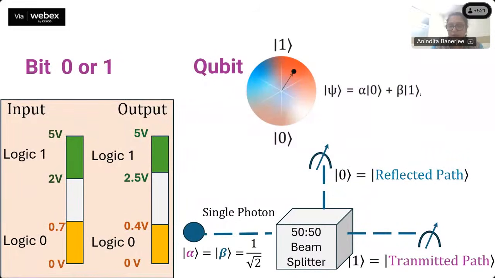Now, this is interesting also because these are the kind of experiments which you can do in your lab to convince yourself about the existence of a photon. You will be tempted to believe that the ball is going sometimes in the reflected path, sometimes in the transmitted path. Well, you can question that, right? Then what you have to do is build an interferometer.